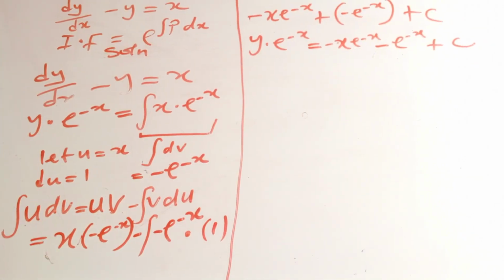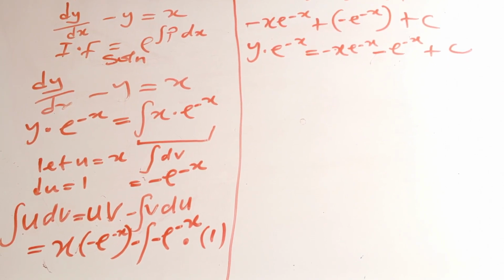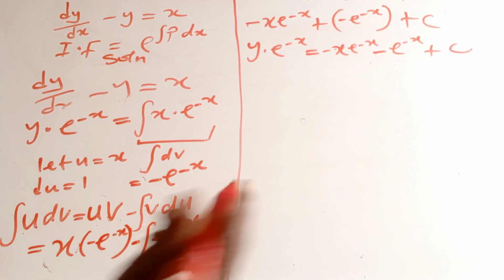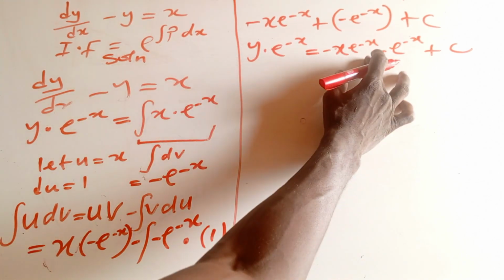In this step, we divide both sides by exponential minus x, to eliminate exponential minus x.